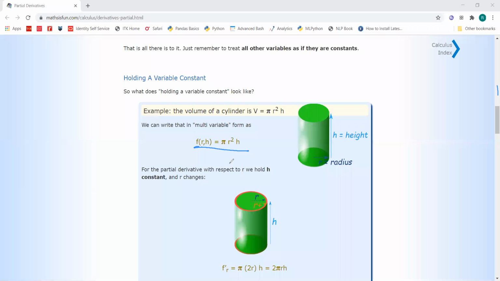I want to see what is the change in volume with respect to change in radius or height. So these are two variables here, one is radius and the other one is height. So again we are having two variables. Any question till now?